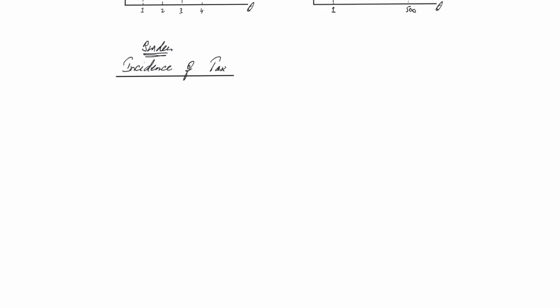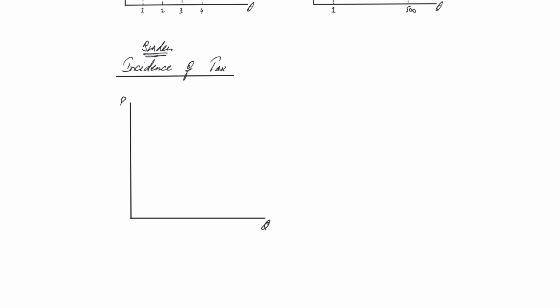So for that, let's first see tax in a very simplistic way, how we make the distinction of how much the consumer pays, how much the producer pays, and how much goes to the government in it.